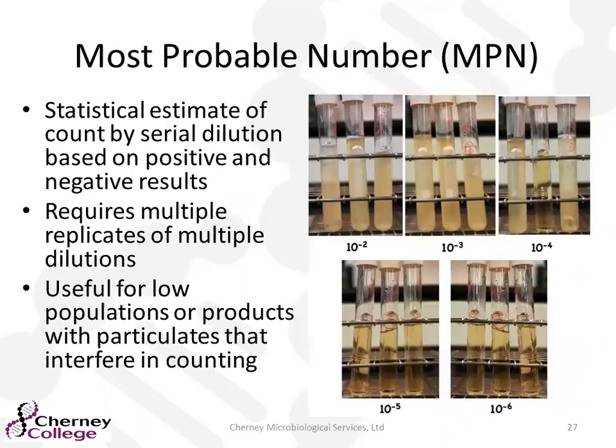The last one here is the most probable number. So this is where we have a very low population of our organisms, or we have high number of particulates that would interfere on the count on a spread or pour plate, or Petrifilm for that matter.